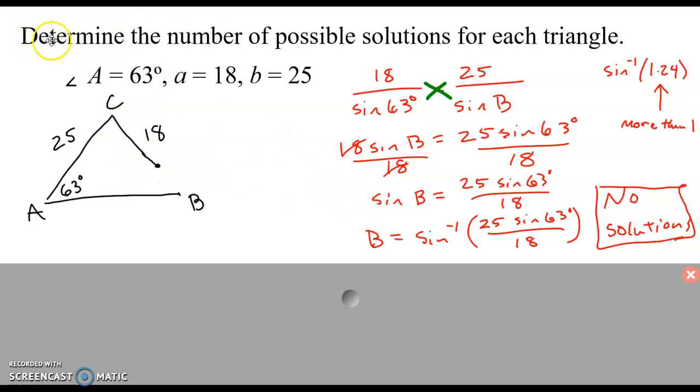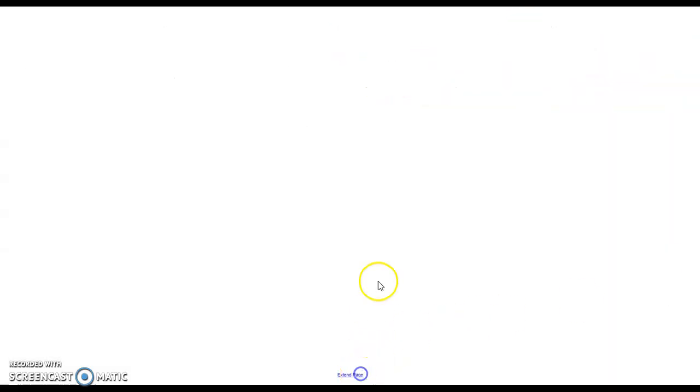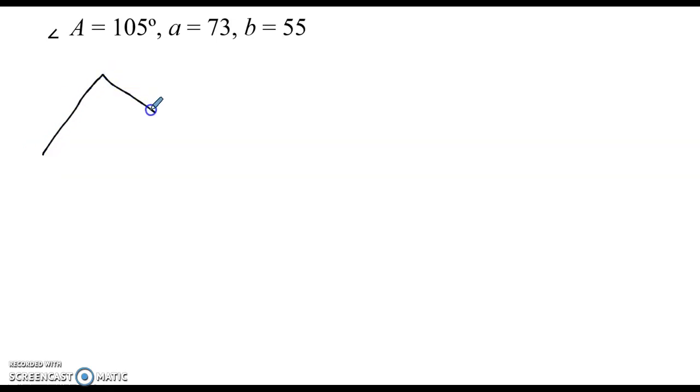So let's now look at another example where we're asked to determine the number of possible solutions for the triangle. Let's take a look at this triangle here. So I'm going to draw this triangle. And I'm going to label, actually, if angle A is 105 degrees, I'm actually going to draw an obtuse triangle, because 105 degrees is an obtuse angle.